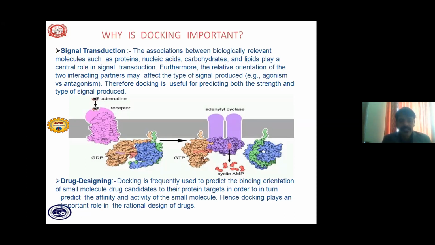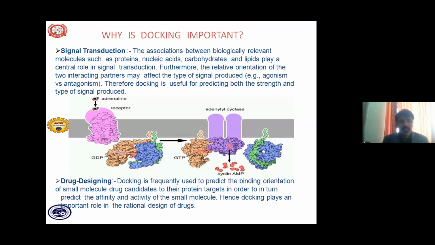So why is drug designing very important? You know, corona is now at its peak, so everyone wants to search for a drug for it. First they started with computational biology. Computational biology saves a lot of time in searching for a drug. That's called rational drug searching. We in turn predict the affinity and activity of small molecules.